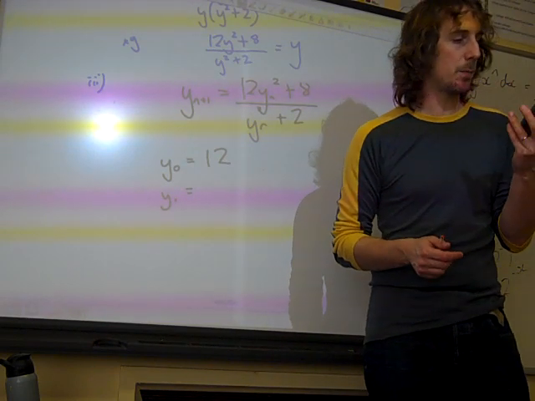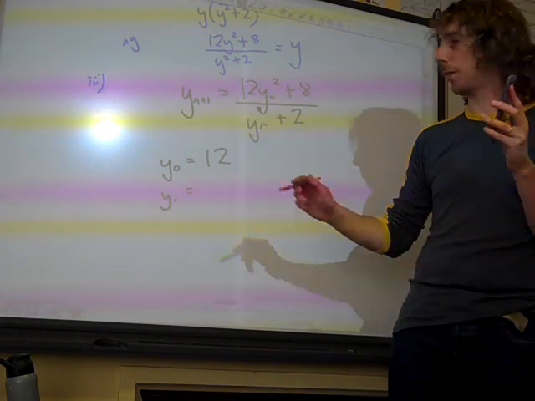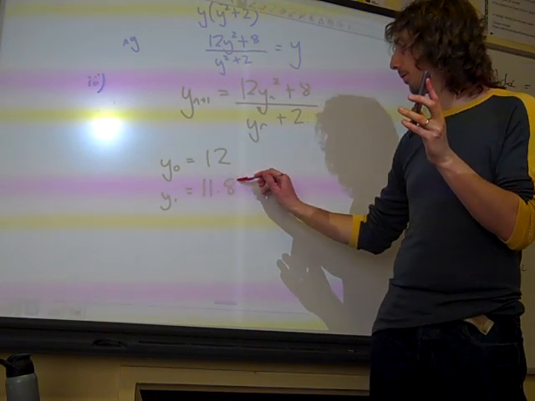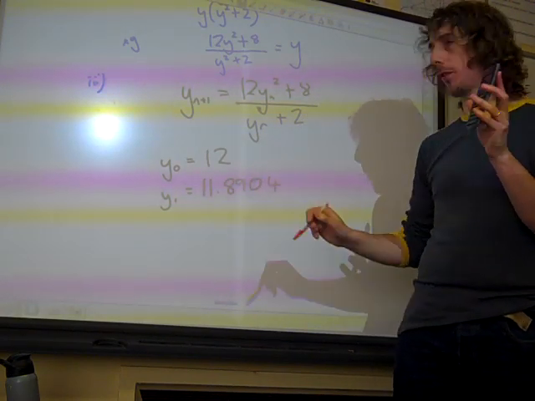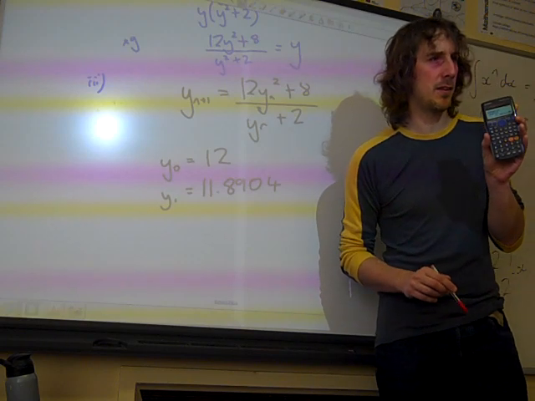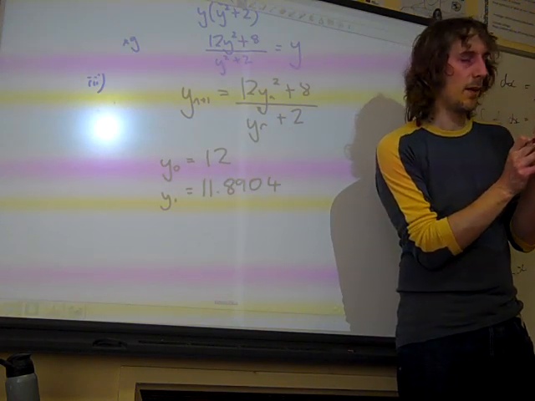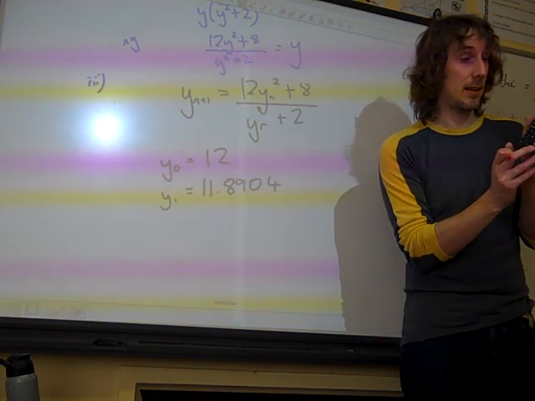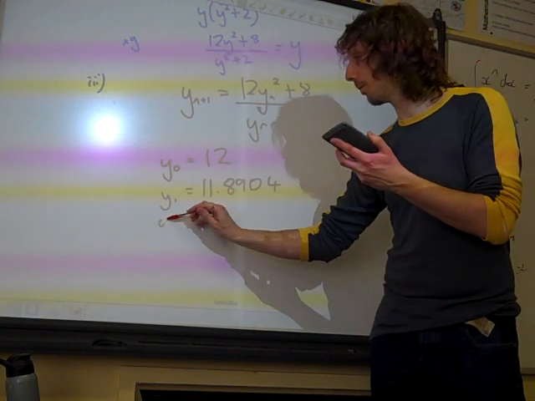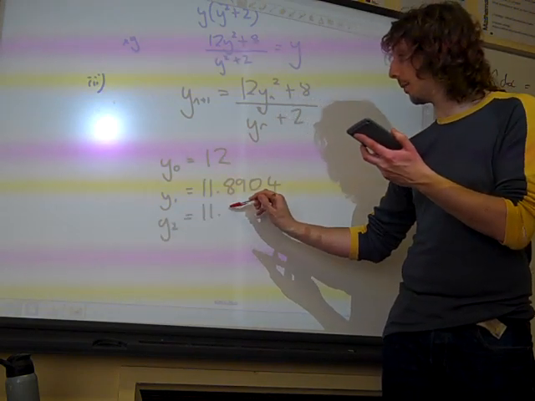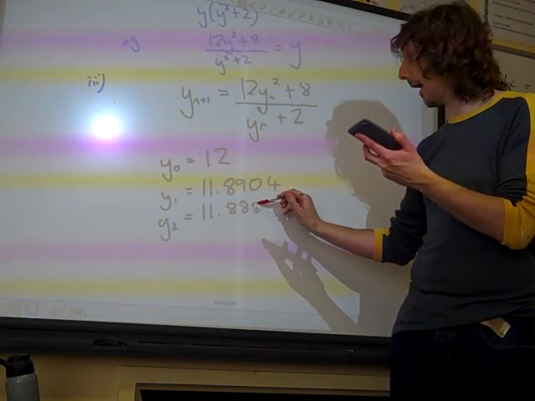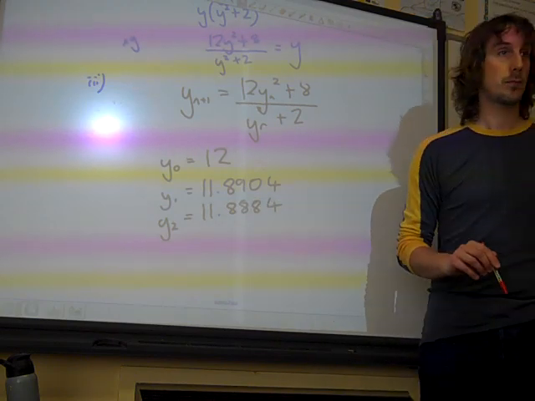So that is 11.8904. I'm going to work to more than 3 decimal places until I know I've got the answer. Wow. We press equals again, and y2 would be 11.8884.